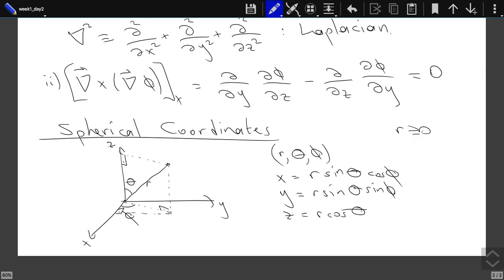So we start from 0 and we go up to pi. Now phi is the rotation around the z-axis. So basically it's larger than or equal to 0, less than 2 pi.